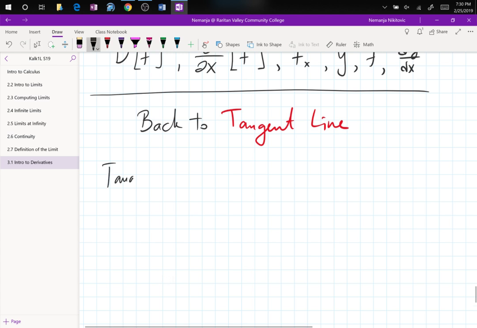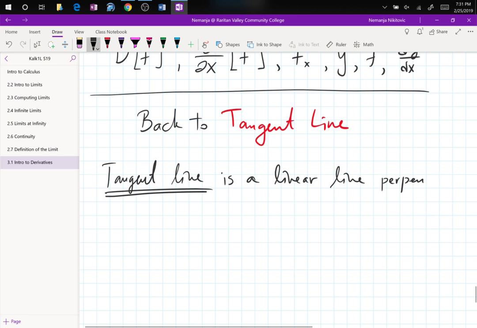Tangent line is a linear line perpendicular to the curvature.